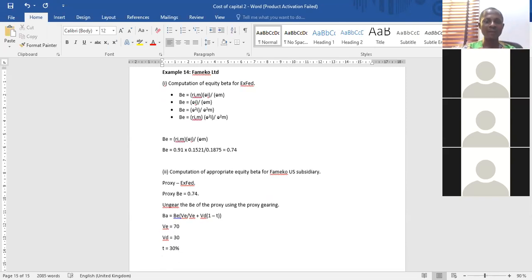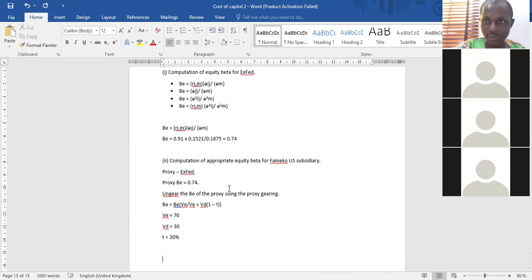So we don't have debt beta. So we can continue. We have beta of assets is equal to 0.74 times 70 all over 70 plus 30 into bracket 1 minus 0.3.